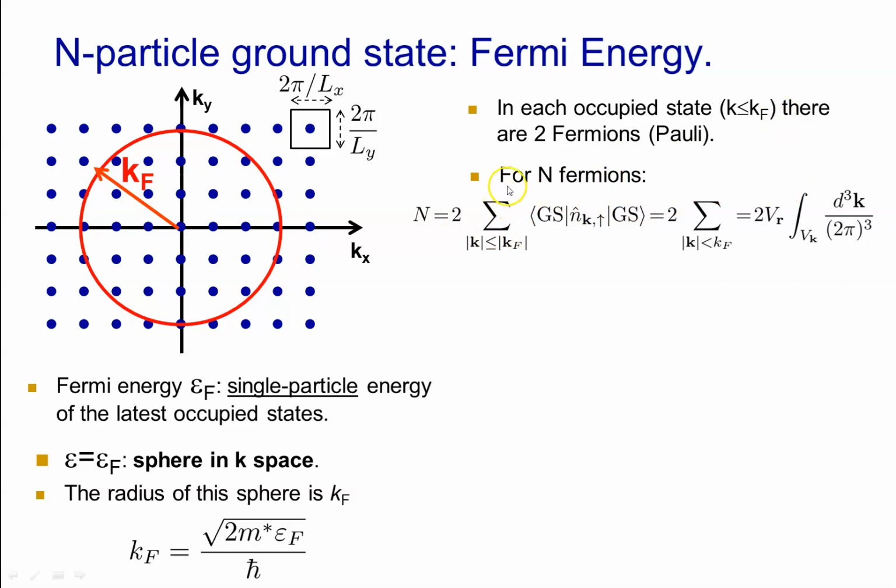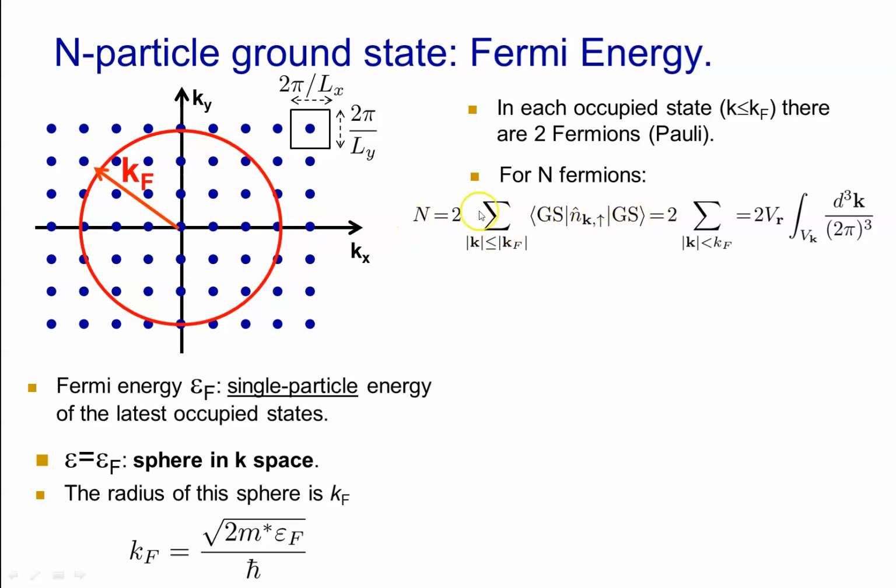So for n fermions, let's pick one of the spin components, say up. I know that n over 2 is going to be the sum over all states with k less or equal than kF, which are occupied. And of course, then n equals twice that.